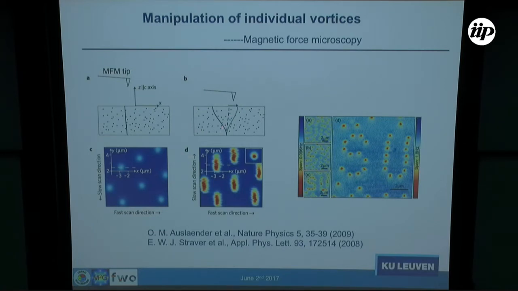You can use this magnetic force to drag the vortices, as you see here, or even rearrange them into some artificial patterns. And this allows people to study the dynamics of individual vortices, which is impossible with transport measurements or AC magnetization measurements.